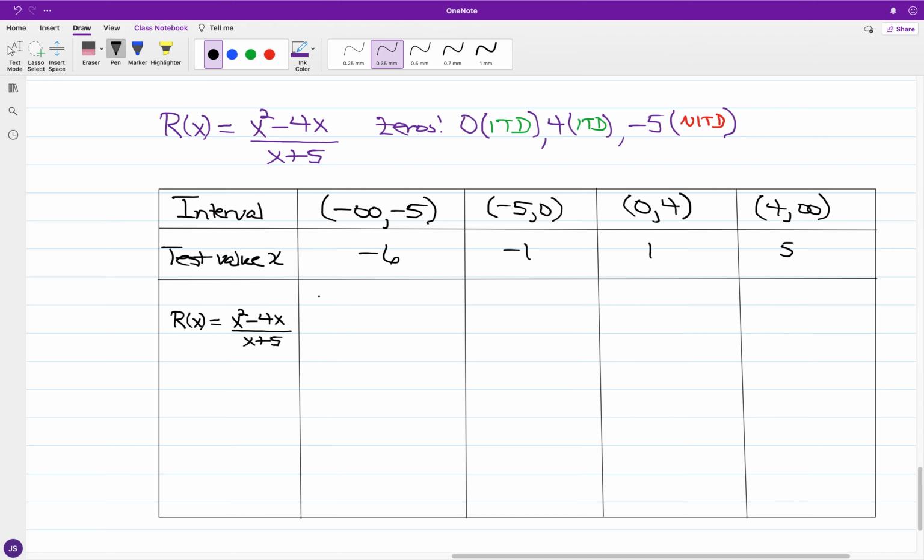In the case of r of -6, you have -6 squared is going to make 36. -4 times -6 is going to be a positive 24. -6 plus 5 is -1. So you got 60 over -1, and so that will come out to minus 60.